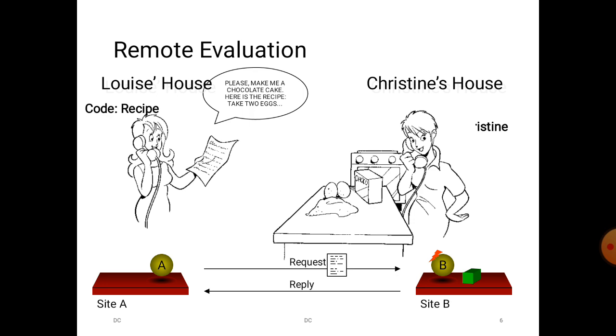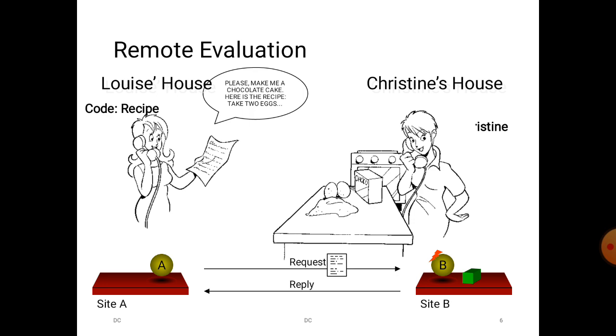Now remote server evaluation. In case of remote server evaluation, what happens? Lousy has the code or recipe. Though Christine has the oven, she may know how to make a cake, but then too the recipe or the code is sent by Lousy. Lousy dictates in which manner she wants the cake to be made.